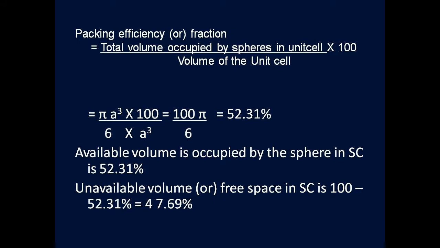Now you substitute: pi a cube by 6 divided by a cube, times 100. The a cube cancels and we put the value for pi, that is 3.14, and we get the value 52.31% for the packing fraction. This is called the available volume occupied by the spheres in the simple cubic unit cell.